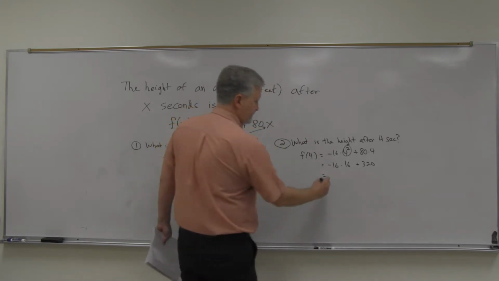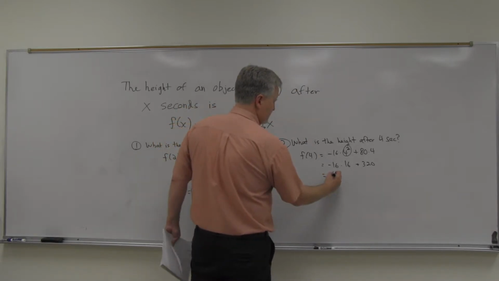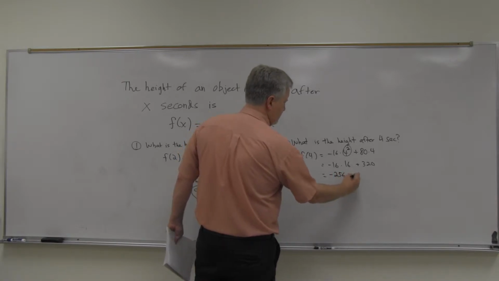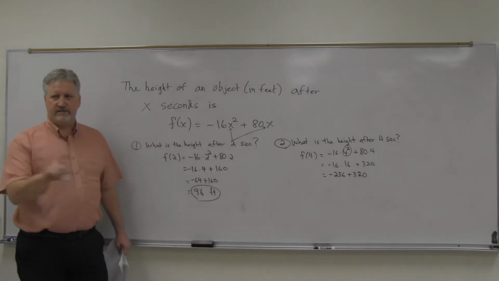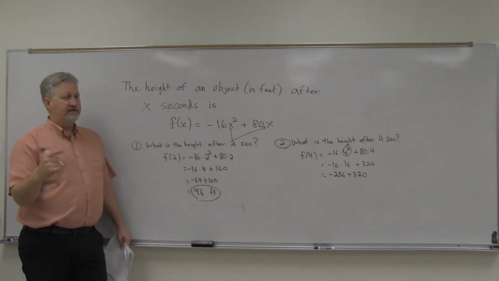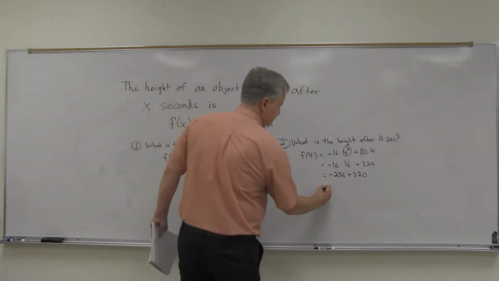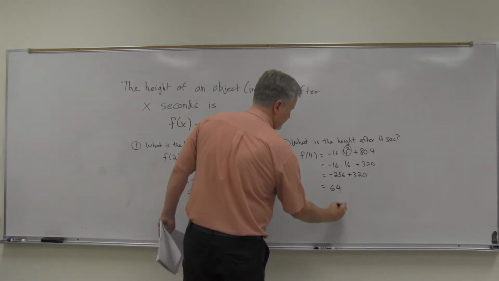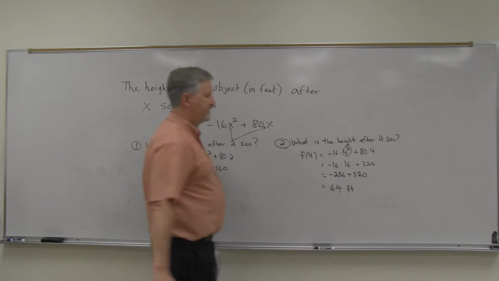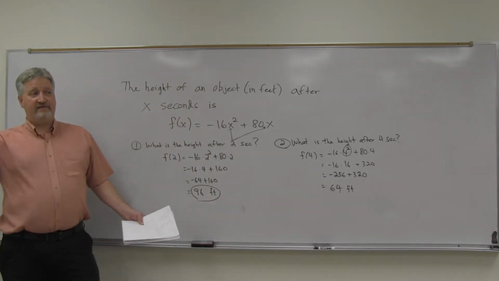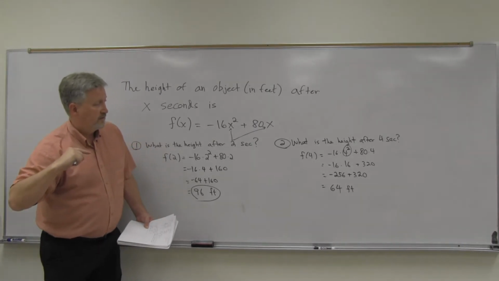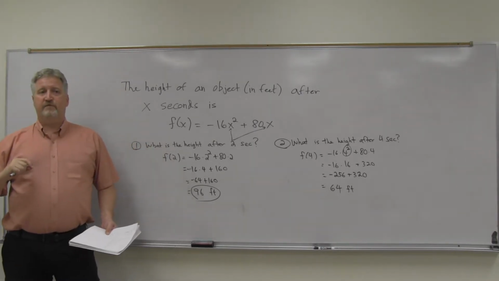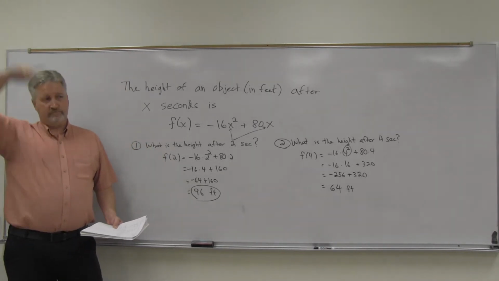Negative 16 times 16 is negative 256, plus the 320. 64. So that's after 2 seconds at 96, and then after 4 seconds at 64. So this thing's just going up and coming back down.